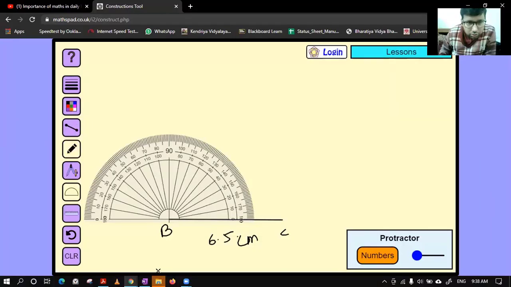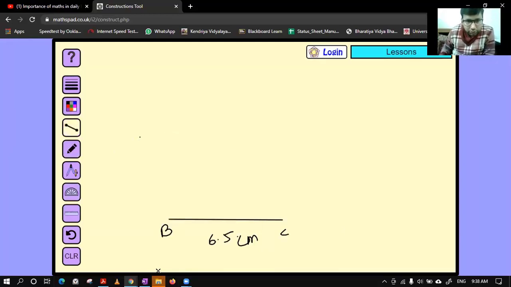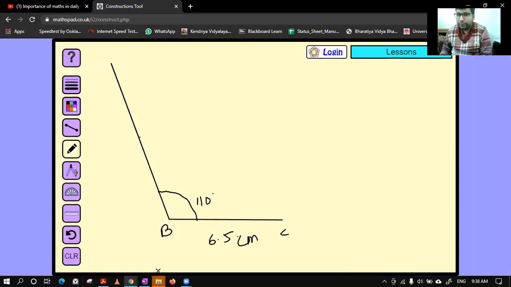It is somewhere here, like this. So let us join with B this point. So this is your angle 110. Today we are doing it with protractor. Soon we will discuss compass. So this angle is 110 degree.